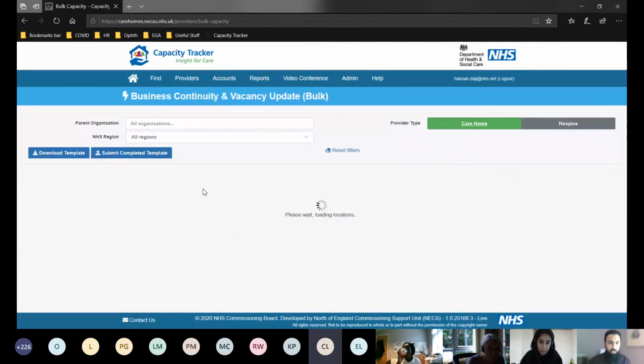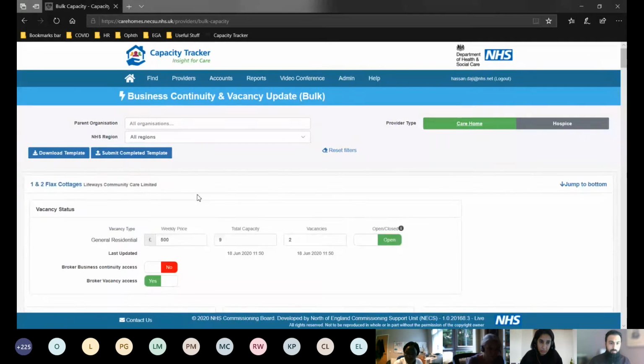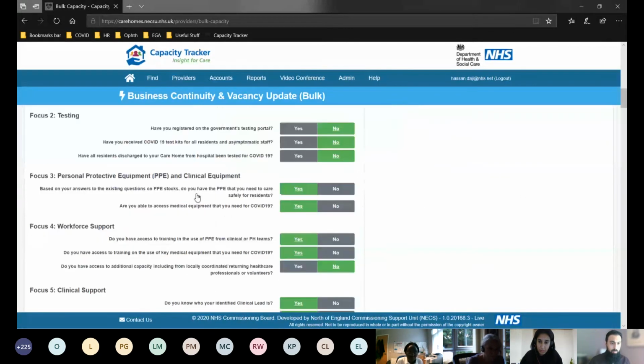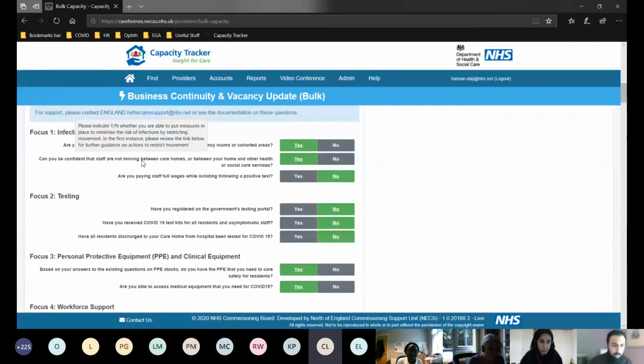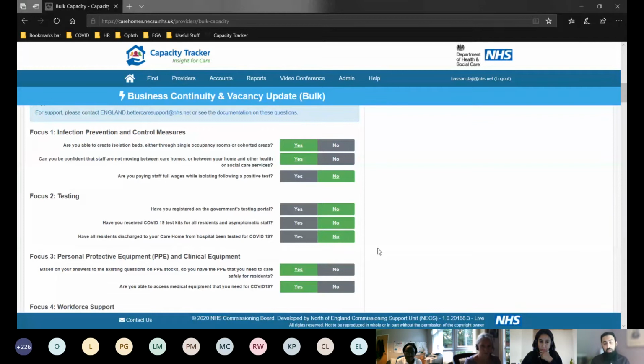Again, that's a good question. I think you're going to have to give it the best answer that you can. The main reason behind that question is so the national team, so ministers as well, in the Department of Health can have a good understanding of how much of an issue that is, especially if you go through a second surge.